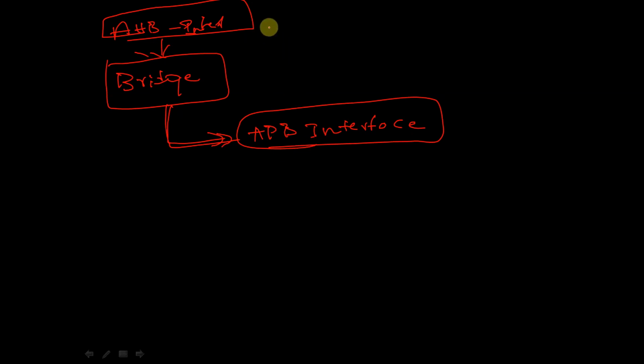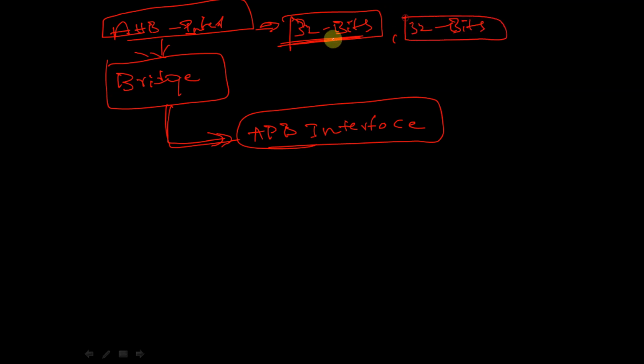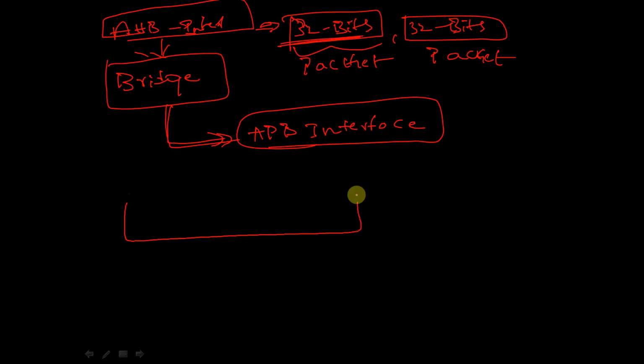So let's say the AHB interface is sending data, that is 32 bits. This is one set of information, and again it is sending another 32 bits of data. So this is a packet, and this is another packet. So in a packet, we have 32 bits of data.